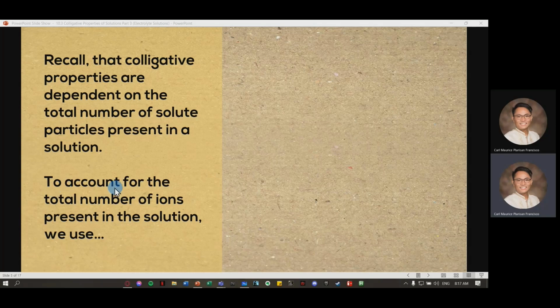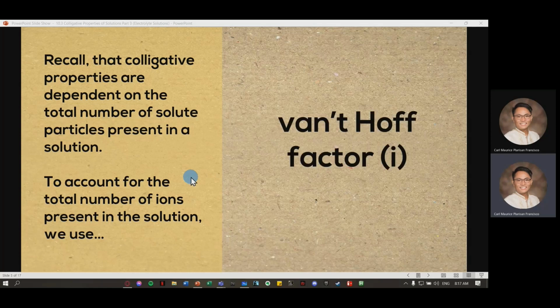To account for the total number of ions, we shall use the Van't Hoff factor, represented by i. Ulitin ko po. Sa usaping colligative property, tayo ay tumutukoy o tayo ay nag-focus sa bilang o quantity ng solute particle. So solute particle, bilang ng solute particle, yan ang focus.